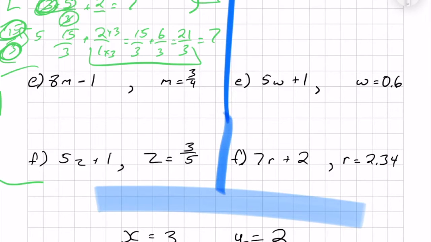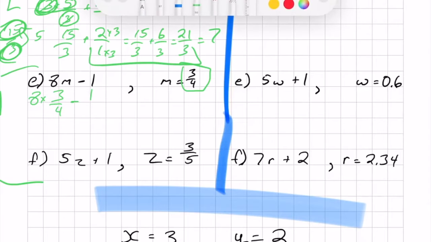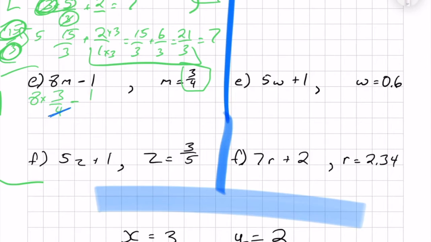Okay, so this is going to substitute in for m, so 3/4, so I have 8 times 3/4, minus 1. What can happen here is I can divide the 4 into the 8, and that's going to give me 2.